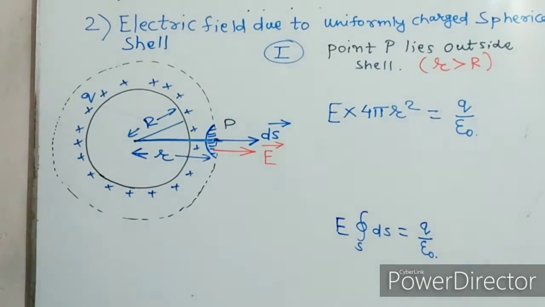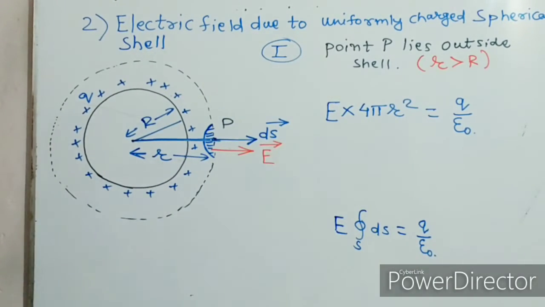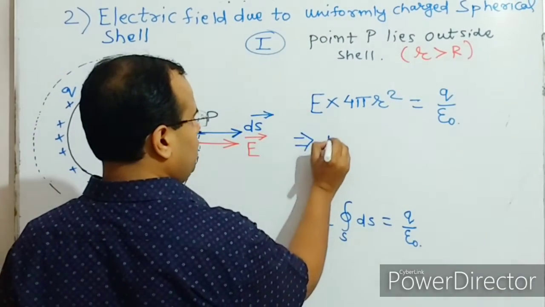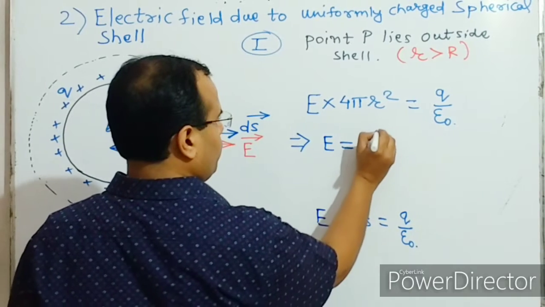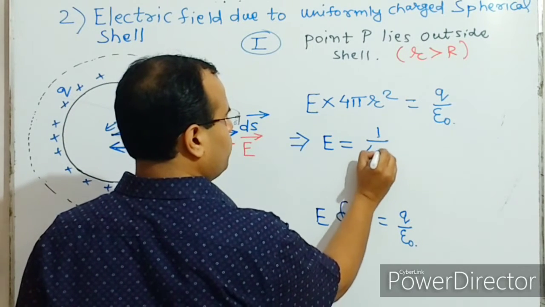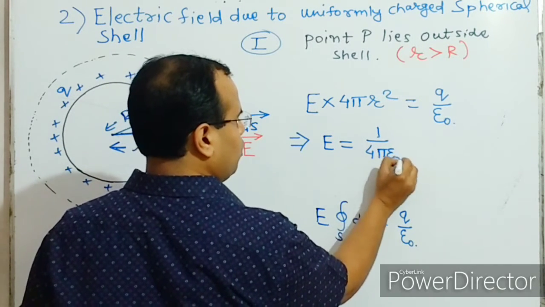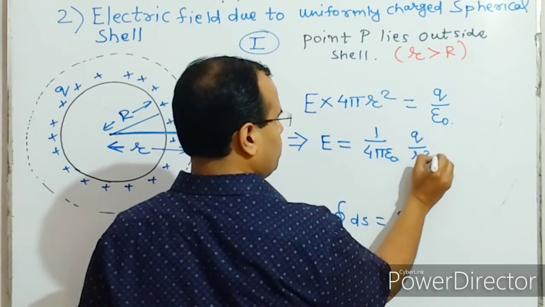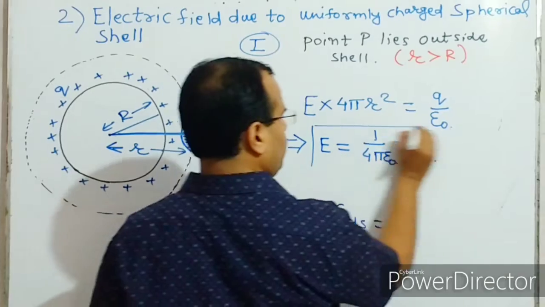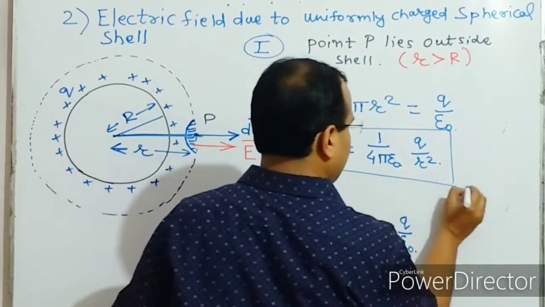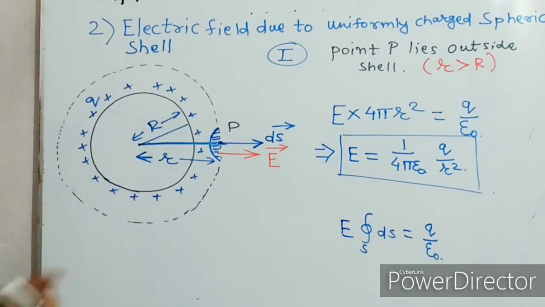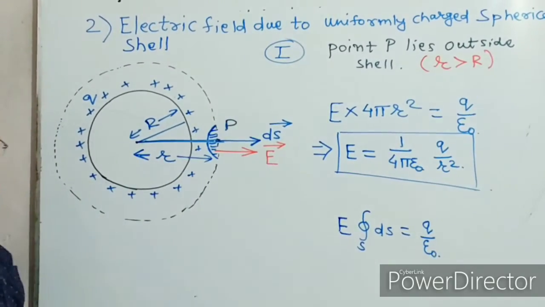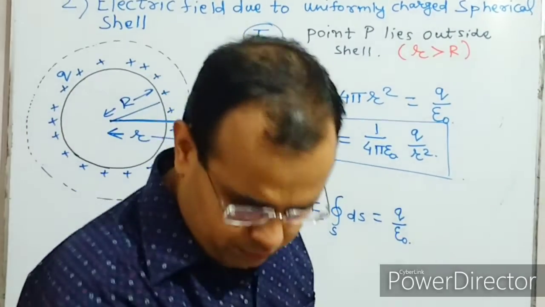This implies E is equal to 1 upon 4 pi epsilon naught times q upon r square. So this is the electric field intensity at this point P, which is lying outside the spherical shell.